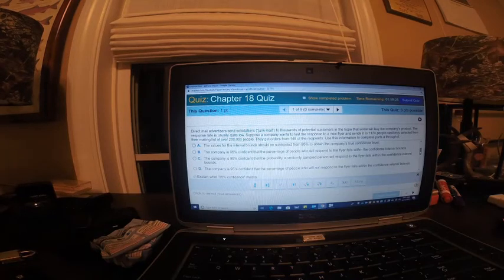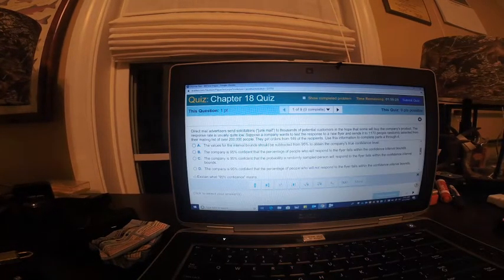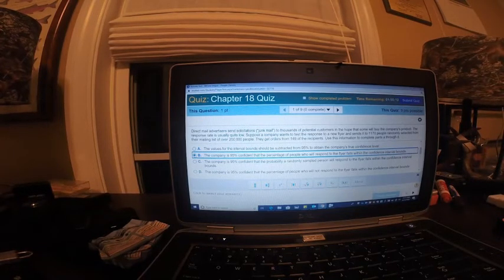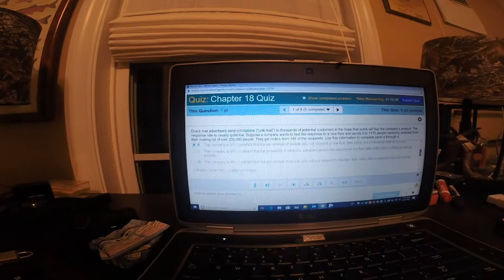D says the company is 95% confident that the percentage of people who will not respond to the flyer falls within the confidence bounds. Okay. One that sounds most correct to me is B. The company is 95% confident that the percentage of people who respond to the flyer falls within the confidence bounds.